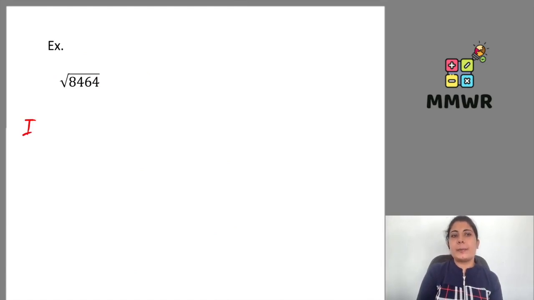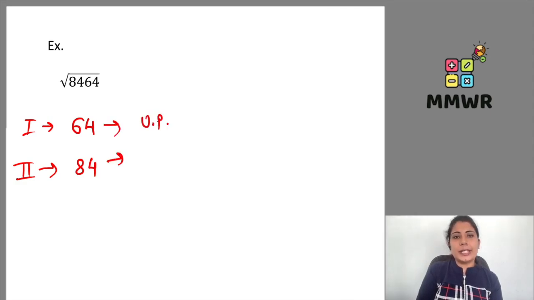Now, the next example we have is to find the square root of 8464. So let's quickly do it. First group will be of 64. Second group will be of 84. 64 will help us to get the unit place and 84 will help us to get the tens place.